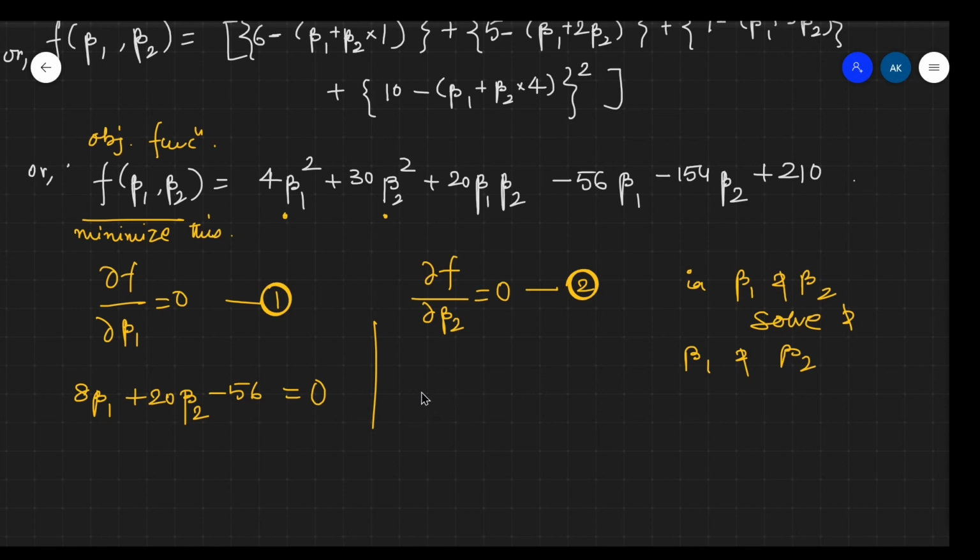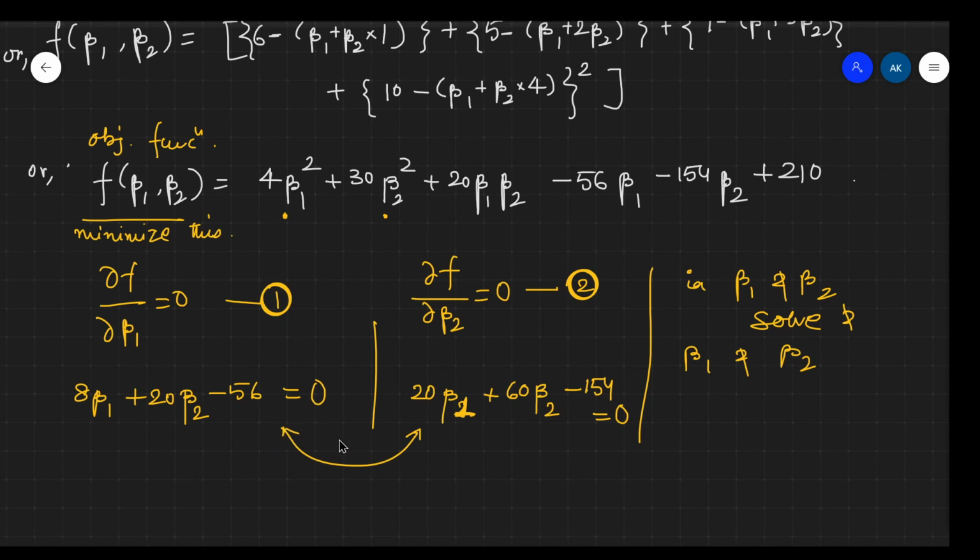I'm not doing anything very big over here. I'm pretty sure you can do it better than me. Then it's 20 beta 1 plus 60 beta 2 minus 144 equal to 0. Now you have two equations in beta 1, beta 2, solve them.